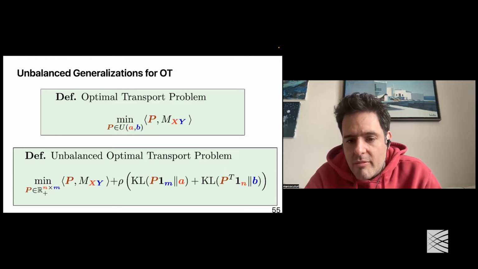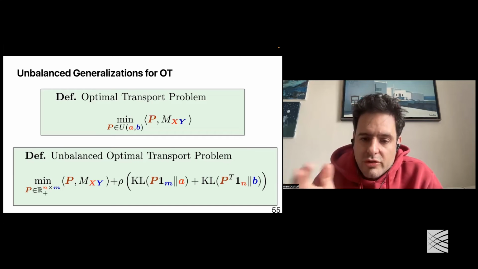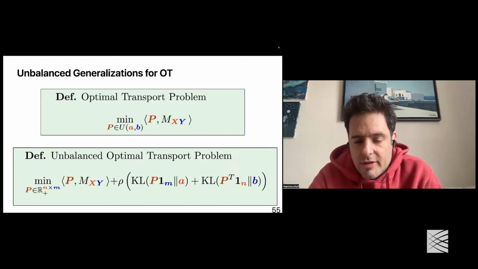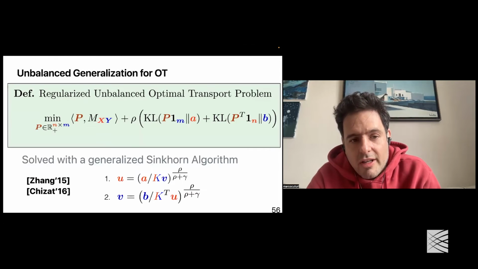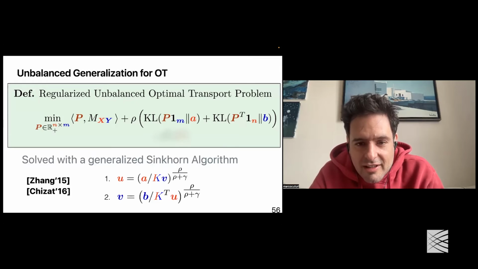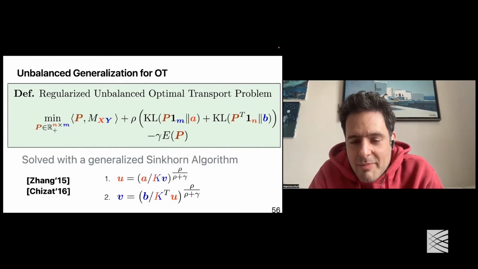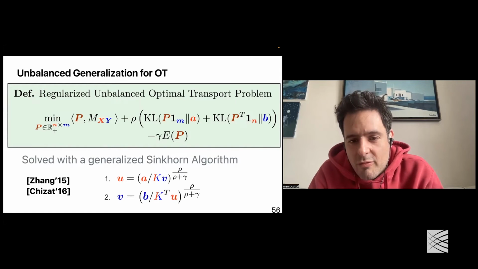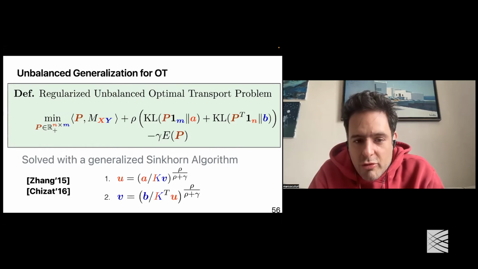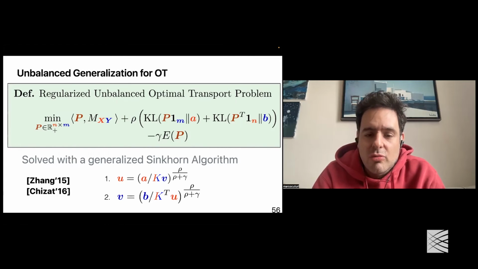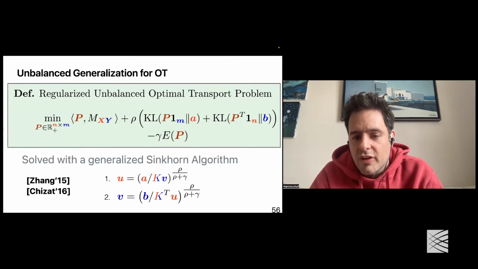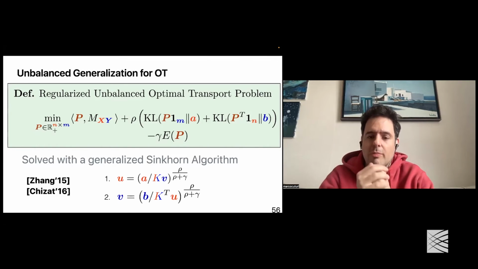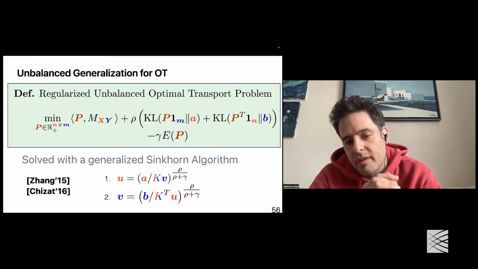You could use many other ways of penalizing, but Kullback-Leibler is quite natural: the Kullback-Leibler divergence between the row sum of P and a, and the column sum of P and b. And what is very nice is that if you add, again, this magic entropic regularization on top of this unbalanced formulation, it is very trivial. You recover exactly the same Sinkhorn algorithm that I showed you earlier, except that now at each iteration you make a very small modification: you raise the iterates that you get to a certain fractional power.